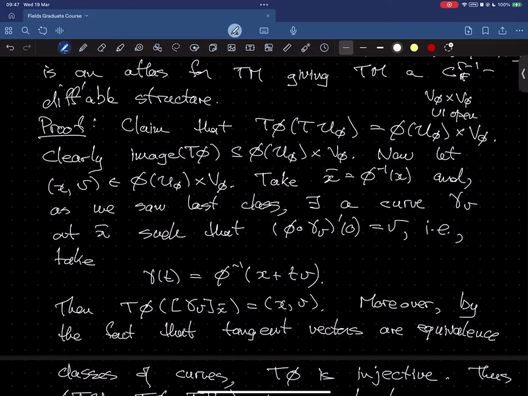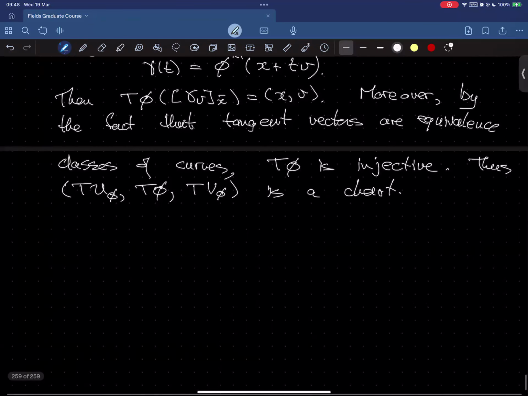Just to make sure we understand, it's an open subset because it's a product of open sets. That's the definition of the product topology.